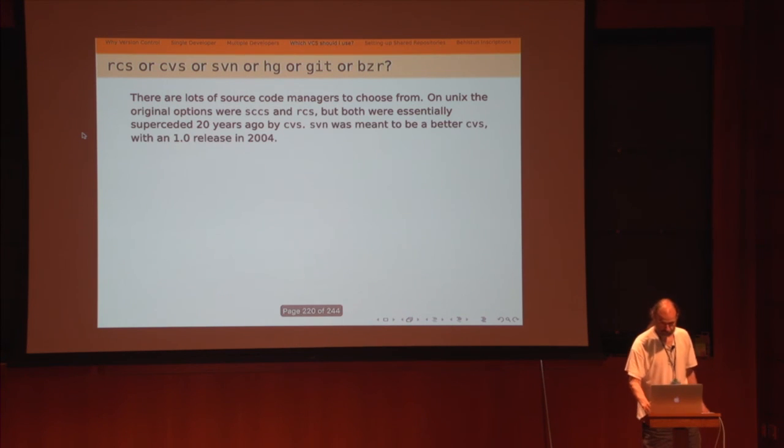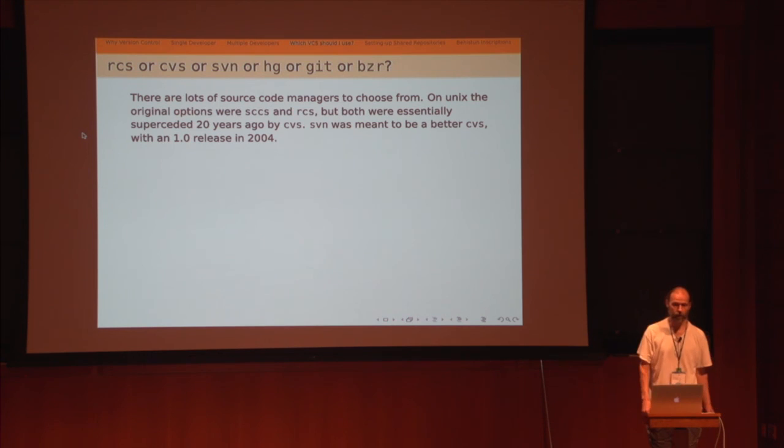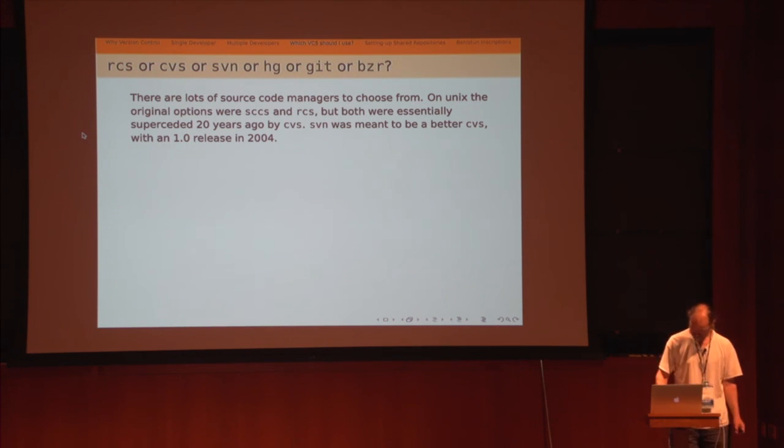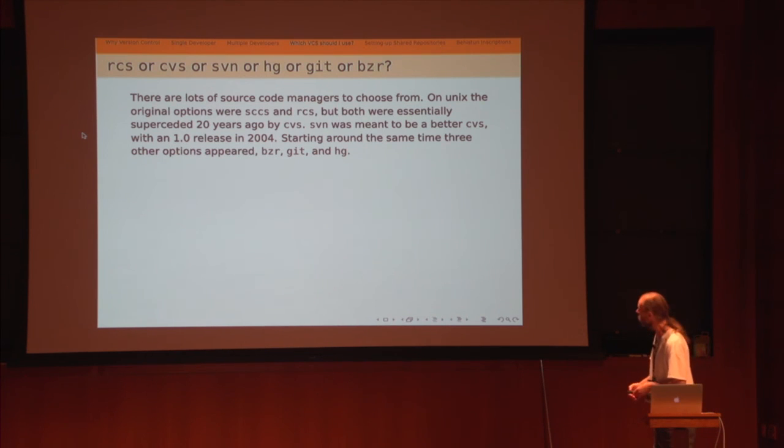That was easy. SVN was supposed to be a better CVS, which came out in around 2004. Around the same time, 3 other options appeared in the Unix world. Bazaar, BZR, Git and Mercurial.